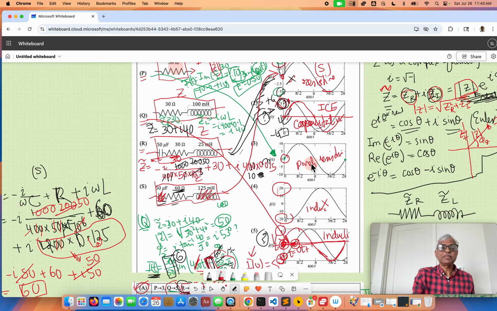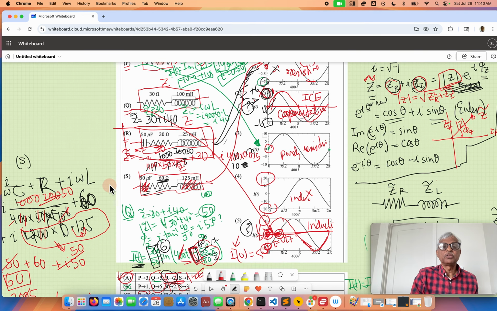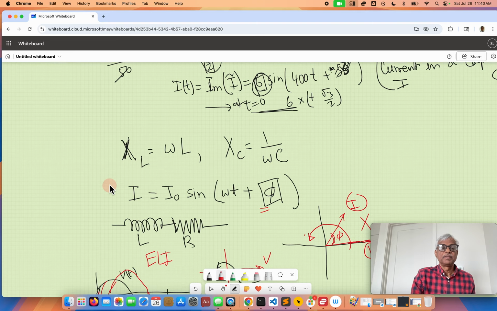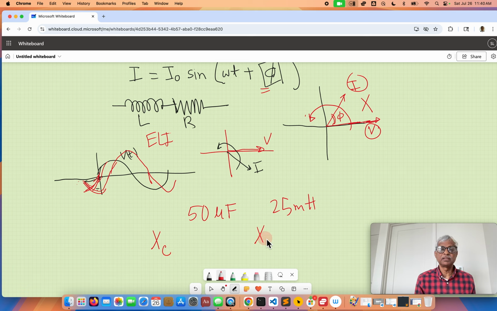We saw that this guy was for R, right? So if you look at R, 50 microfarad and 25 millihenry, and you ask what is my XC versus XL, this will be 1 over 400 times 50 times 10 to the minus 6.